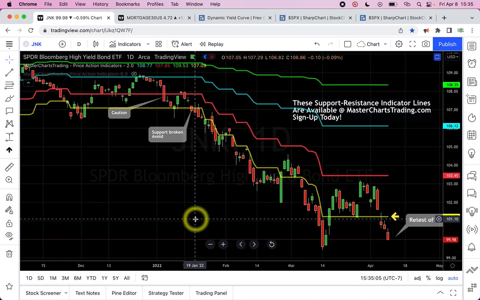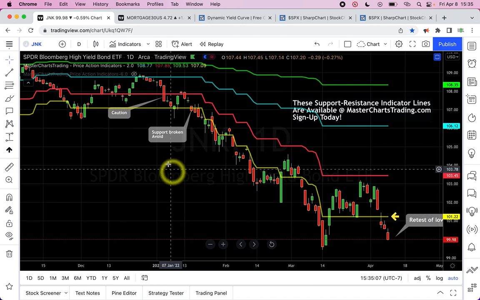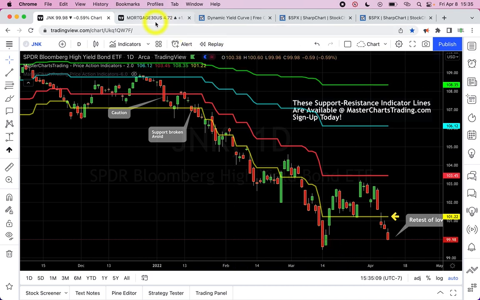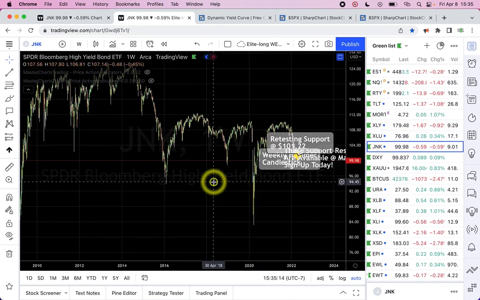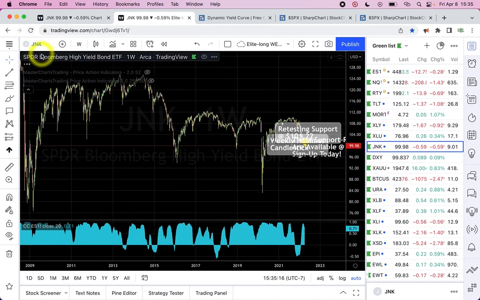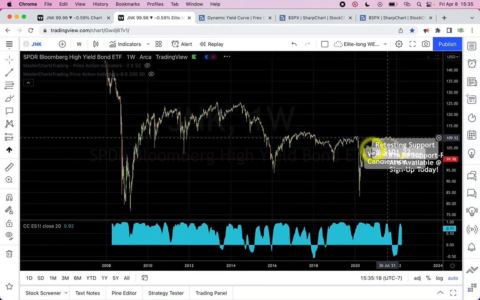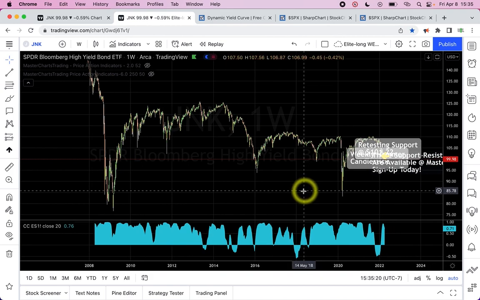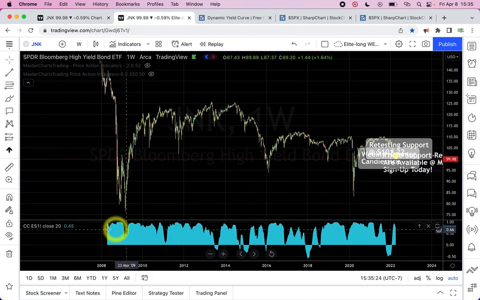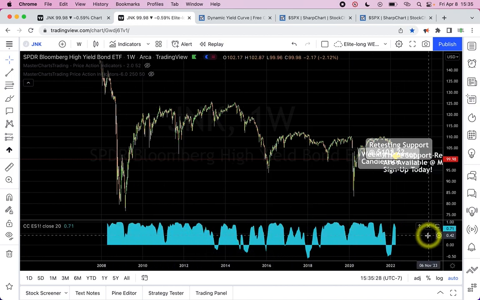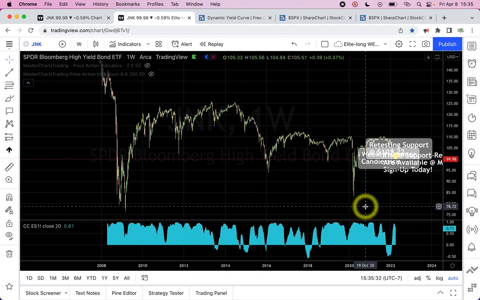Moving on to the junk debt. So this one really worries me. Junk debt and S&P 500 correlate very strongly. So this is junk debt, JNK, high yield bonds. This is a weekly chart, and this is the correlation coefficient to the S&P 500. It's basically very, very strongly positively correlated.